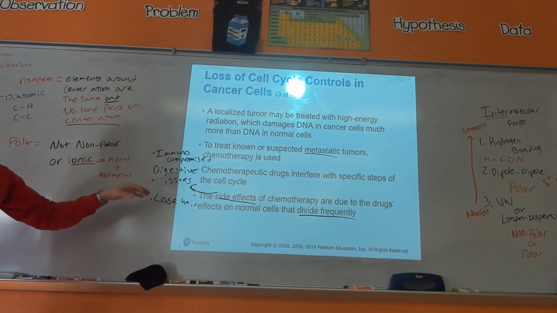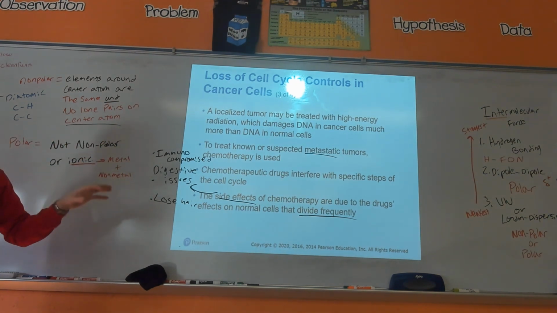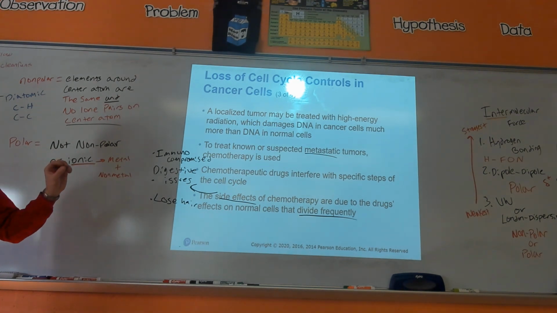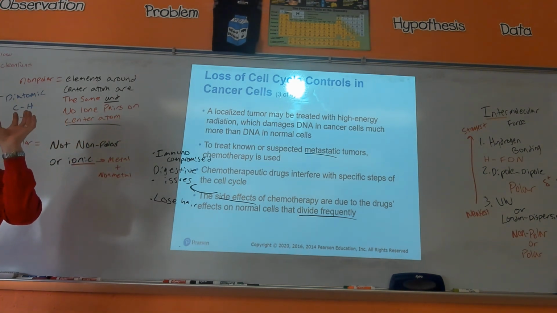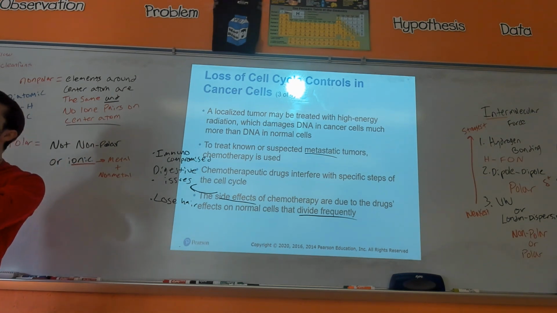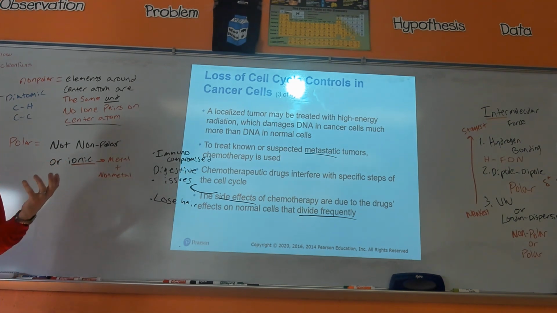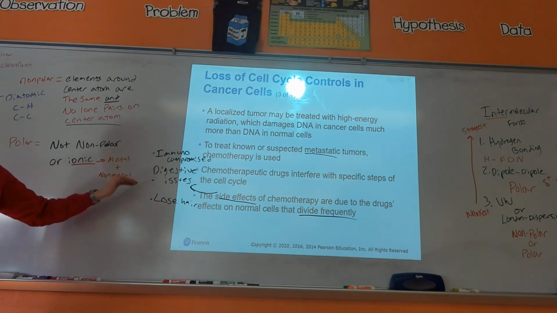Last thing on the cancer topic, and then we'll take a little break, is the future of cancer treatment. If we understand the actual changes in the DNA that lead to cancer, maybe we can better personalize the chemotherapy, or come up with some other treatment that reduces these side effects.